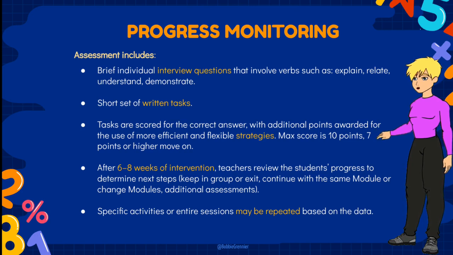The maximum score is 10 points, and with 7 points or more, they get to move on. After 6 to 8 weeks of intervention, teachers review the student's progress to determine next steps: keep in groups or exit, continue with the same module or change modules, or use additional assessments. Specific activities or entire sessions may be repeated based on the data.